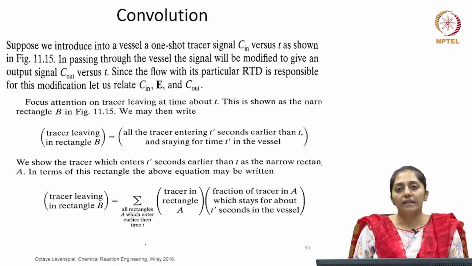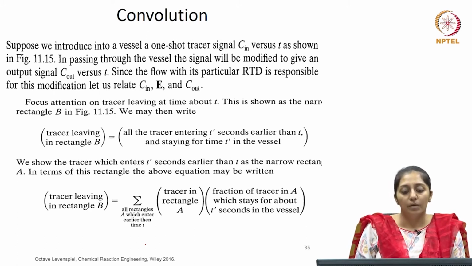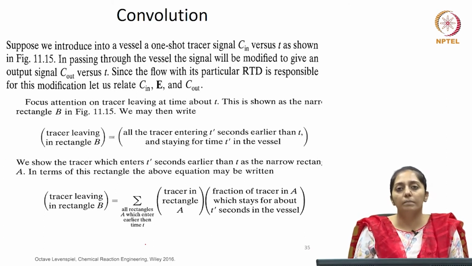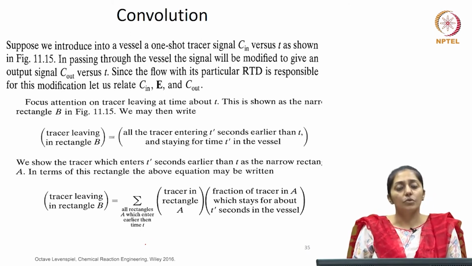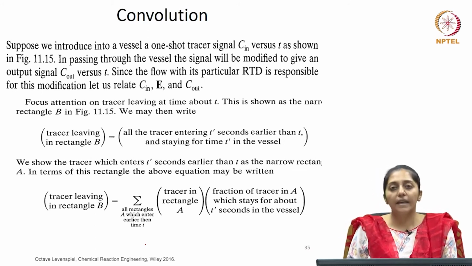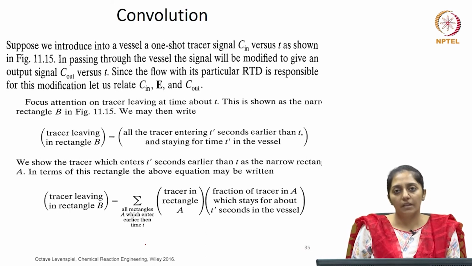In order to characterize that, we need to determine how the concentration at the inlet and the concentration at the outlet are related to the mean residence time distribution, so that in case of a non-ideality, one can take into account what will be the actual reaction kinetics and the performance.